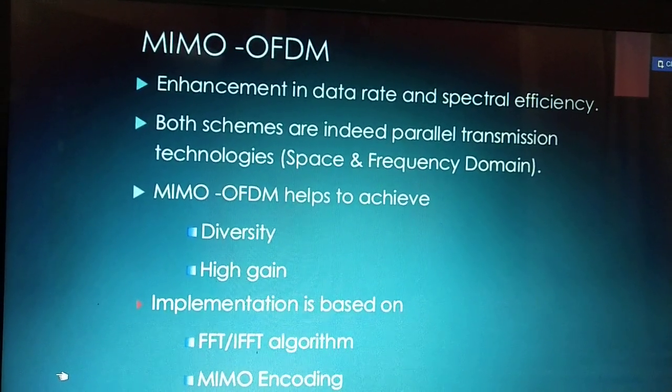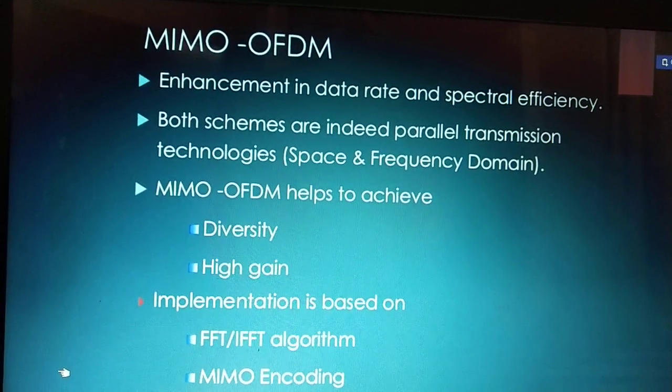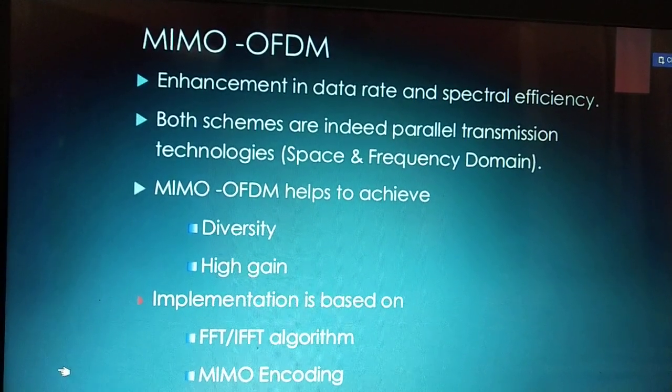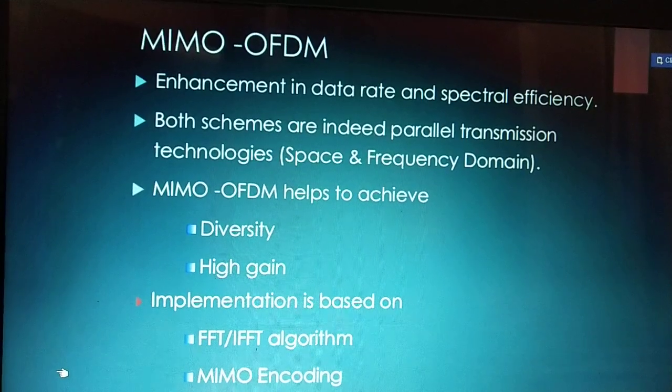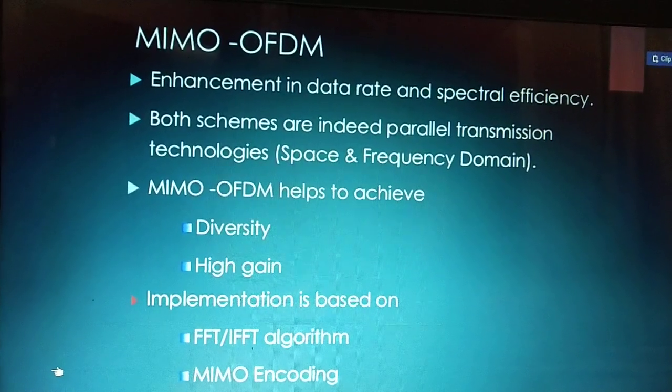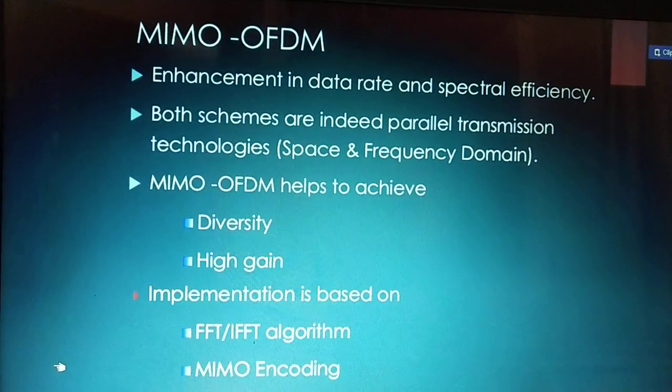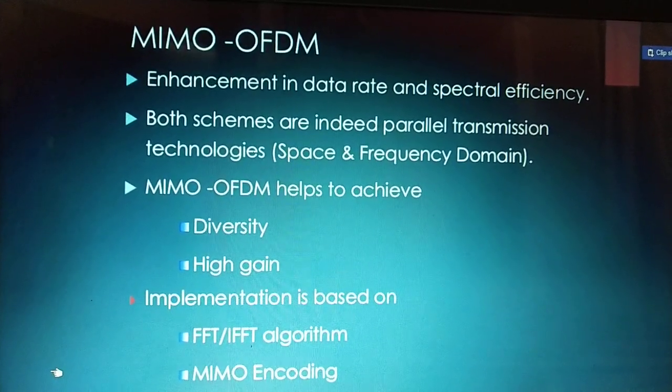That is the main idea of OFDM. The advantage of OFDM is that it is very easy and efficient in dealing with multipath signals, and it is also robust against narrowband interference. So this is about OFDM.